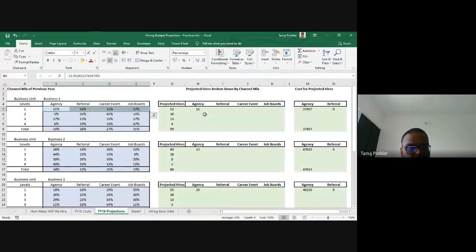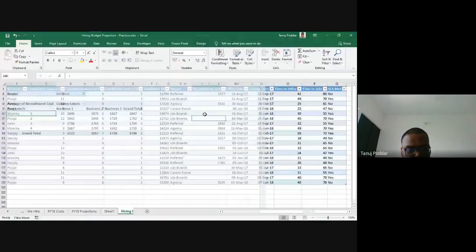This should ideally come to 100. It says that if I hired 100 people for level 1 in business 1, then 21 came from agency, 32 came from referral, 11 came from career events, and 37 came from job boards. I'm basing this on the FY19 data.